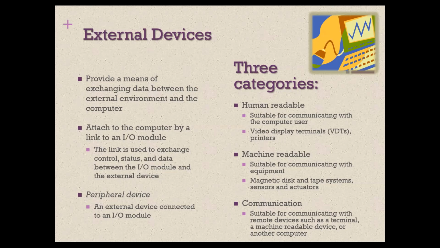Now, with regards to communication devices, they allow a computer to exchange data with a remote device, which may be a human readable device such as a terminal, or a machine readable device, or even another computer.